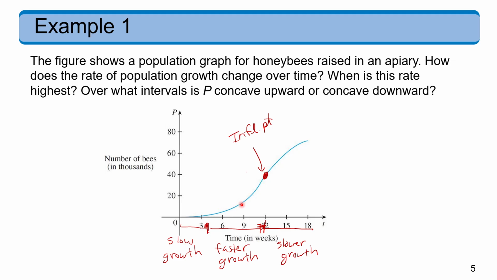Notice to the left, our growth rates are getting really hot, really big, very steep. And as soon as we cross that inflection point, it reverses and the slopes start getting closer to 0. They're decreasing. Okay, so the rate is the highest right before or right when we hit the inflection point.